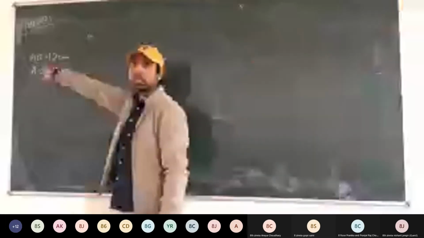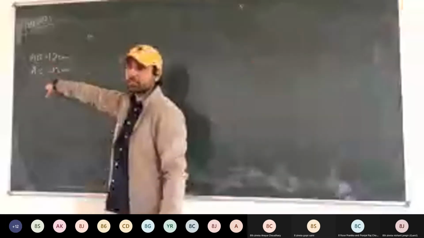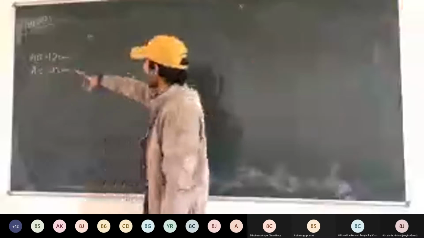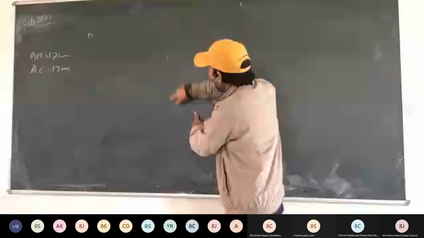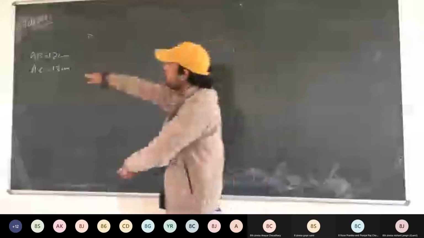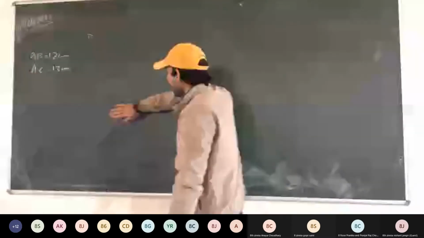Okay, we are going with the question now. AB equal to how much? 12 centimeters. AC equal to 13 centimeters. These are the dimensions given. AB 12 centimeters, AC 13 centimeters. So see here, a 12 centimeter line we have to draw, and the height will be around 13 centimeters.